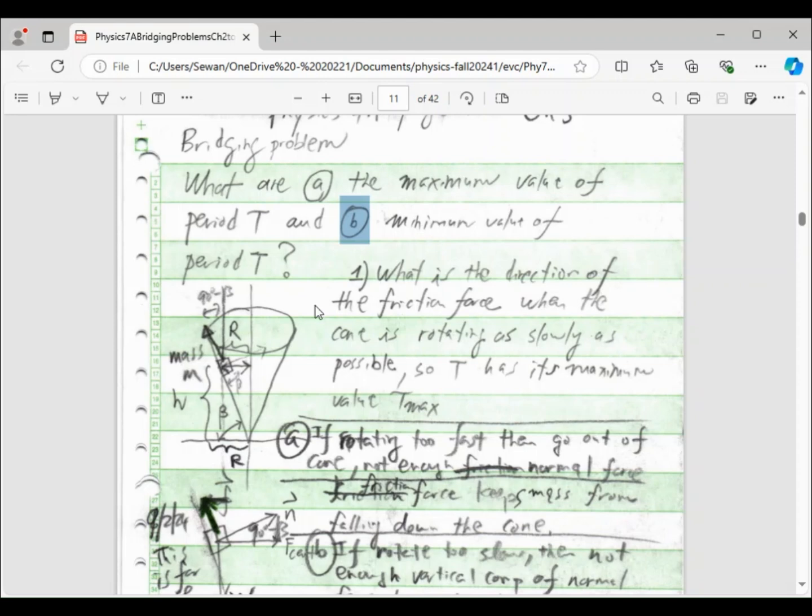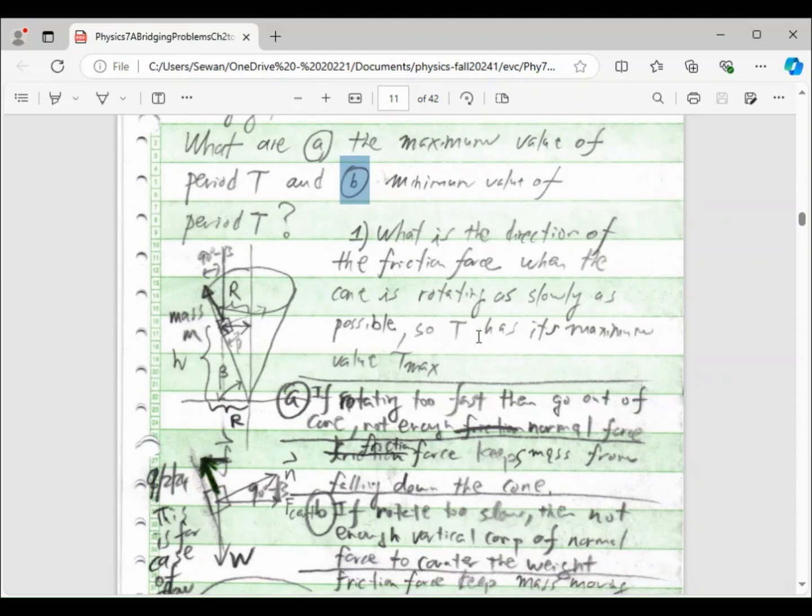to change direction. So looking at one here, what is the direction of the friction force when the cone is rotating as slowly as possible, so that the period T has a maximum value, T max? In this case, if rotating too fast, then the piece of mass would go out of the cone, and so there will not be enough normal force to keep it within the cone to sustain the centripetal acceleration.